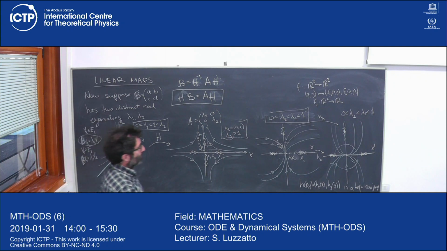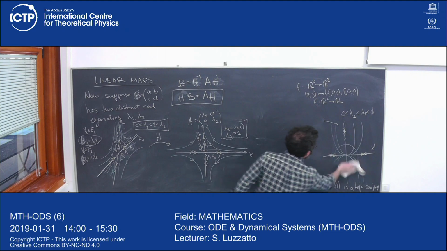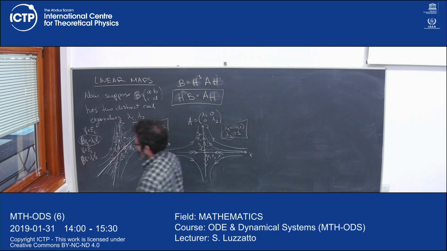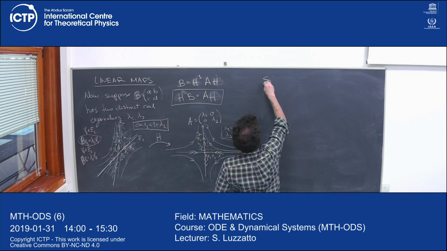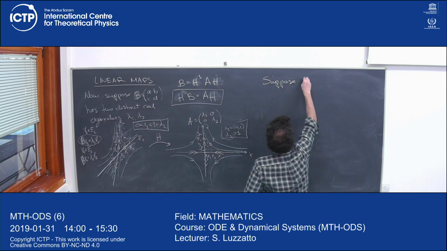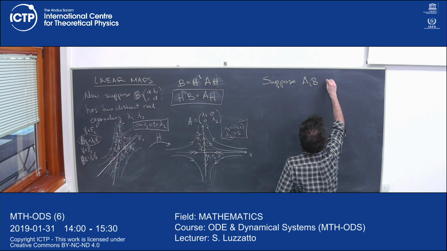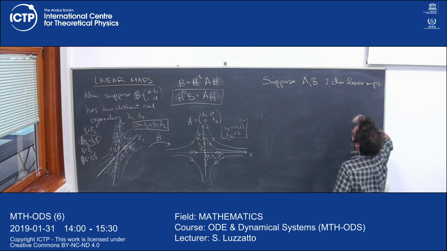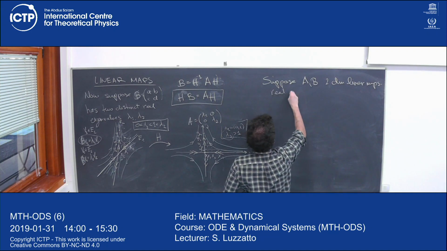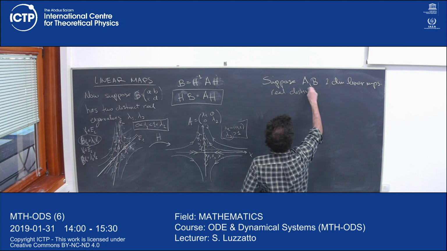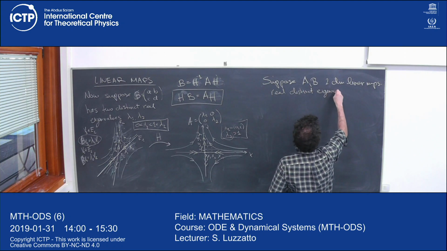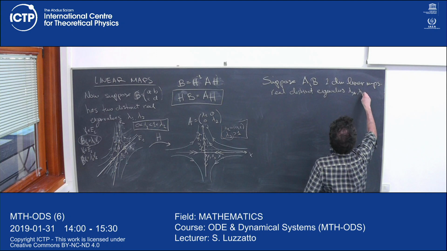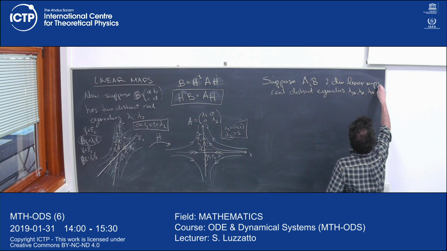So the question is now: suppose A and B are two-dimensional linear maps with real distinct eigenvalues, lambda 1A, lambda 2A, lambda 1B, and lambda 2B.